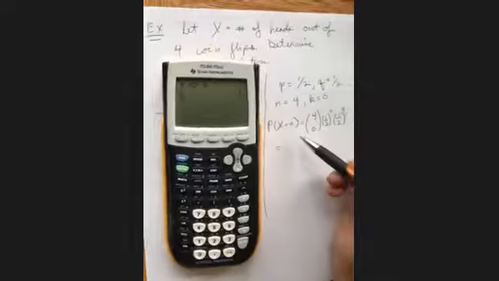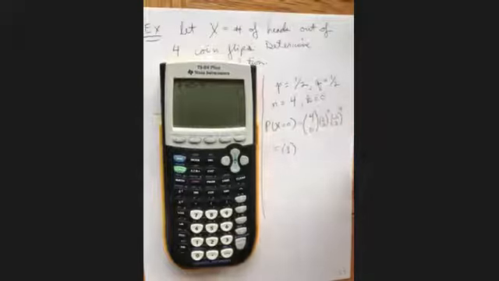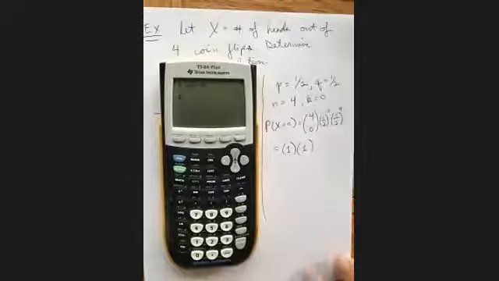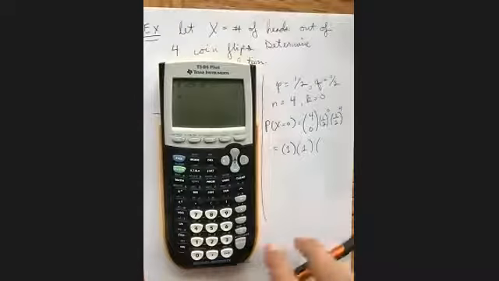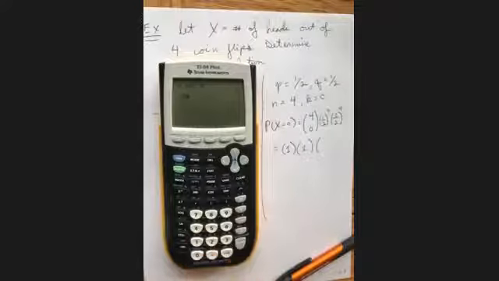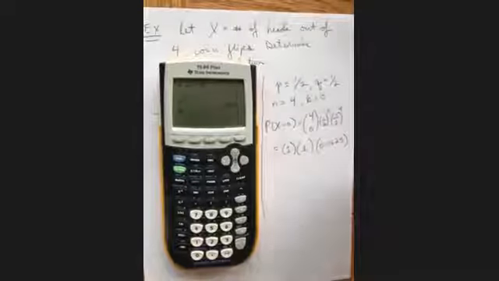So we're doing this calculation here. 4 choose 0 is 1. Then we have 1/2 to the 0 power, which, anything to the 0 power is 1. Then we have 1/2 to the 4th power. So that's 0.5 raised to the 4th power, and that gives us 0.0625.